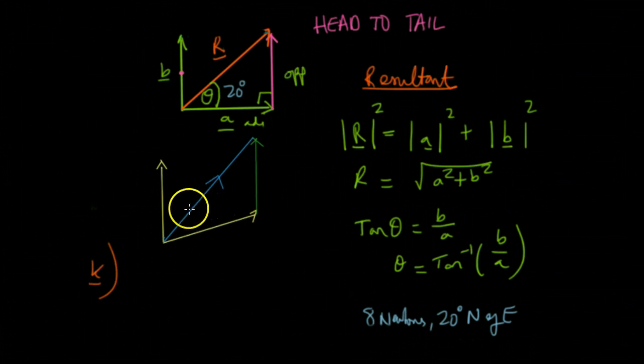So, if they don't tell you this angle, if they just tell you that this is 7 newtons and that's 8 newtons, for example, or any kind of unit, then you can't solve the answer essentially, because you're missing one piece of information, right?